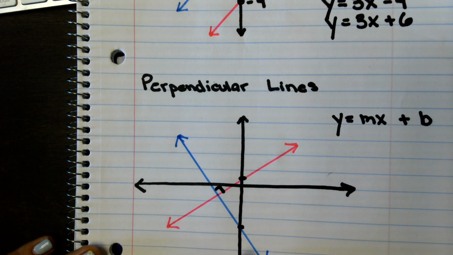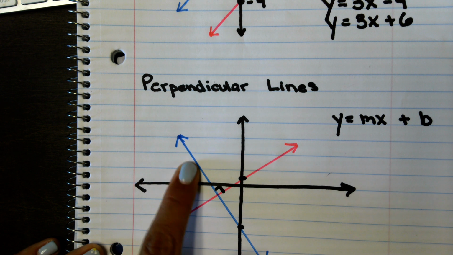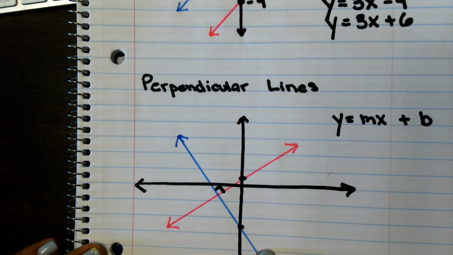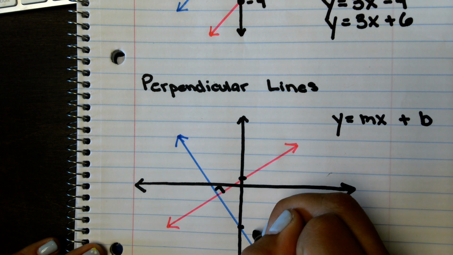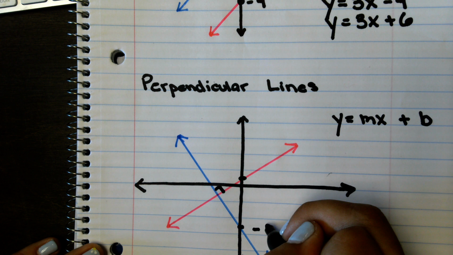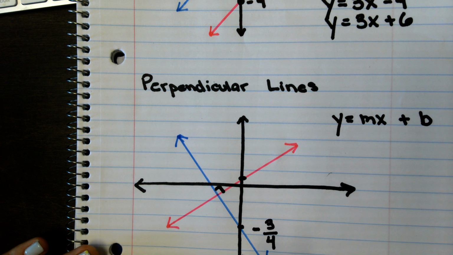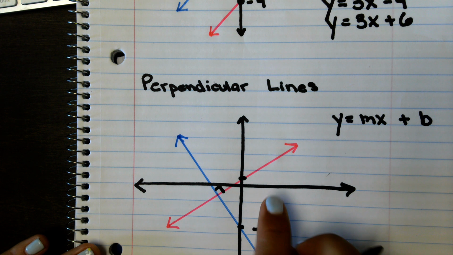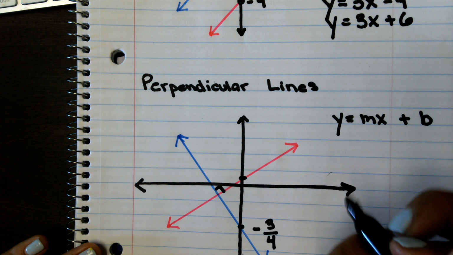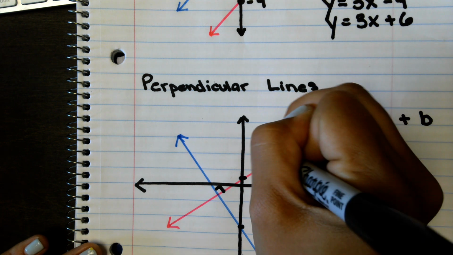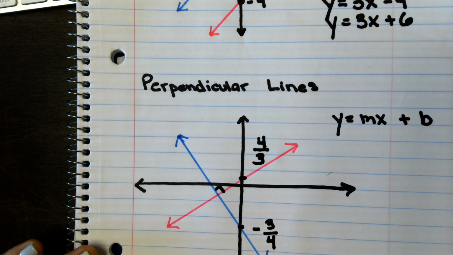So let's say that the slope of this blue line here, which is going down, so it's negative, is -3/4. That would mean if these are perpendicular, the slope of this line would be positive 4/3.